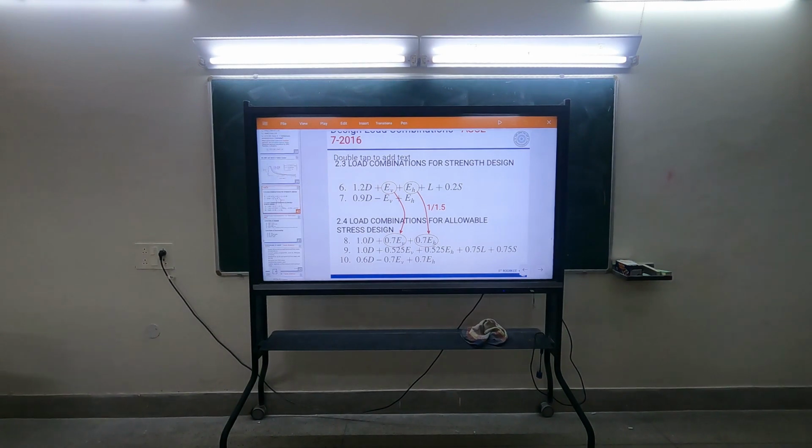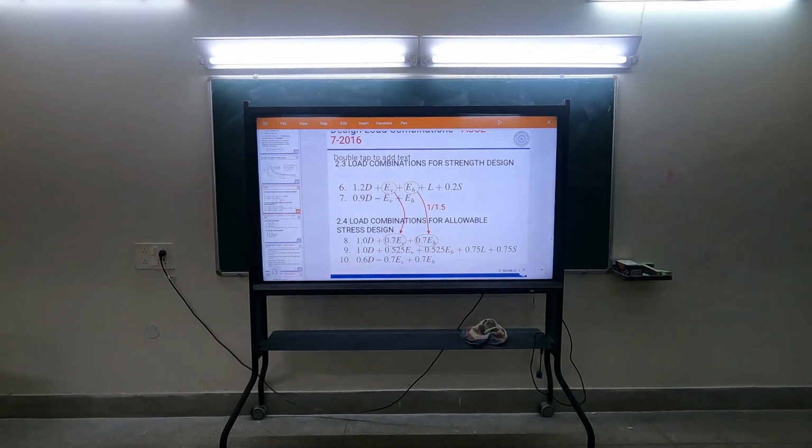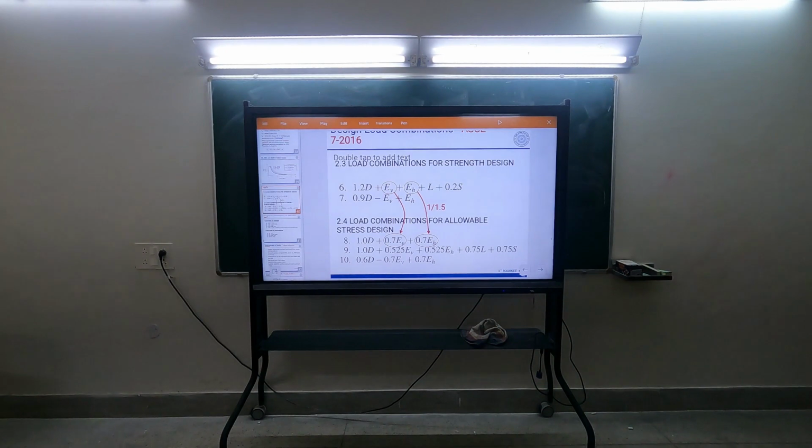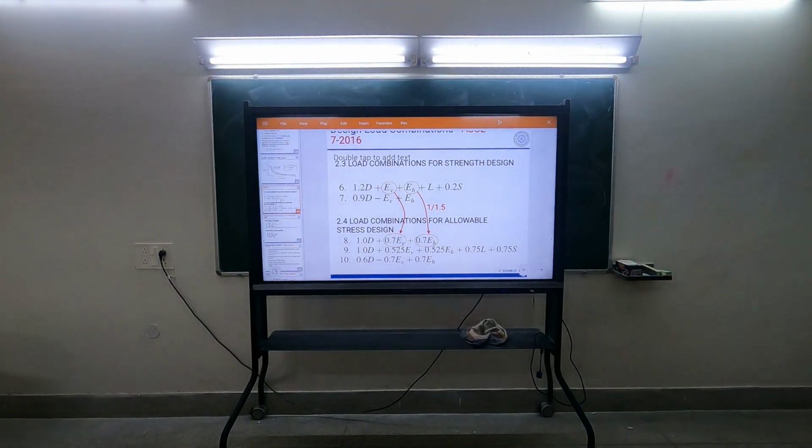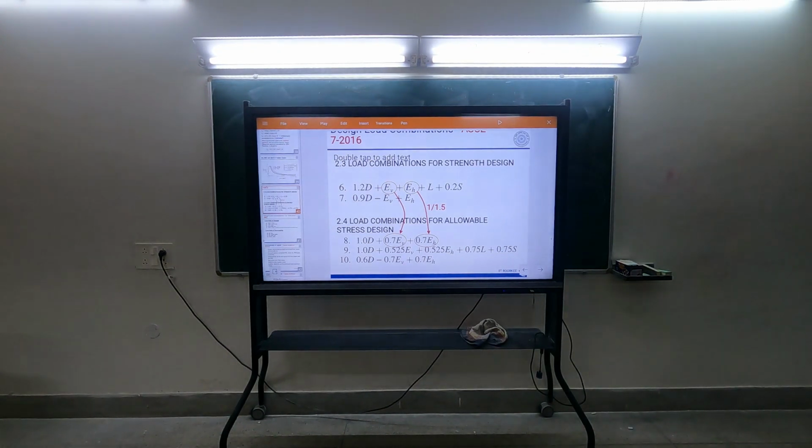What is the material factor of safety in ultimate limit state for steel structure, structural steel? Any idea? 1.1. Okay, it varies in different actions. It's approximately 1.1. And in case of working stress method, what is the permissible stress?